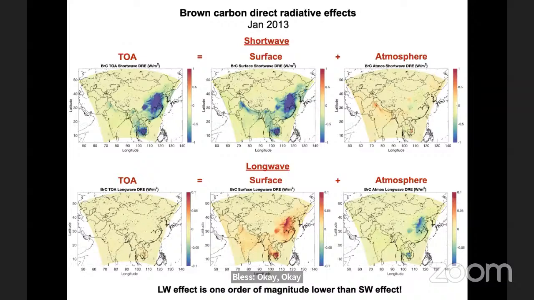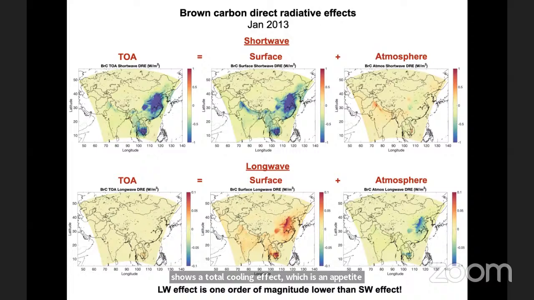Okay, here I'm showing the total shortwave and longwave radiative effects for the brown carbon at the top of the atmosphere on the left column, the surface on the middle column, and the atmosphere only on the right column. If we look at the shortwave first, at the top of the atmosphere it shows a total cooling effect, which is a negative radiative effect for the brown carbon.